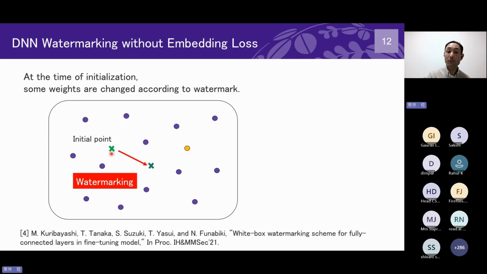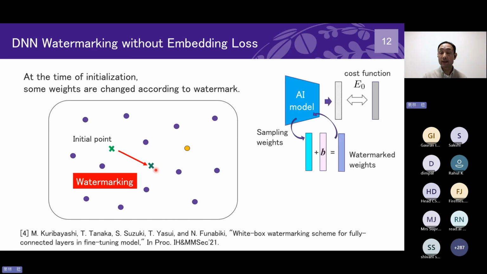This is the original initial point, and after the watermarking, the initial point is moved towards the other point. This point has some dependency on the watermark information.